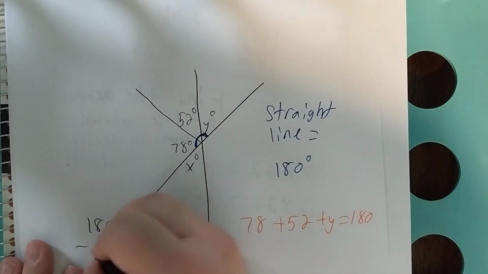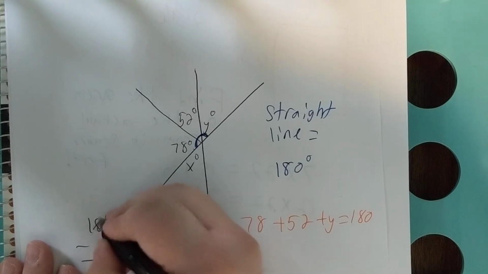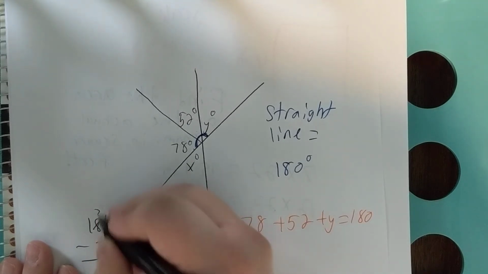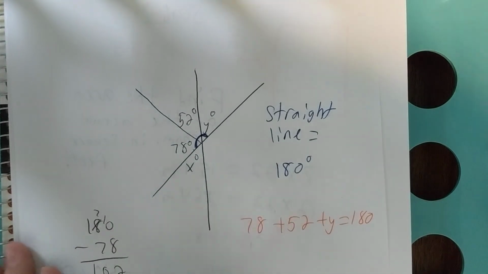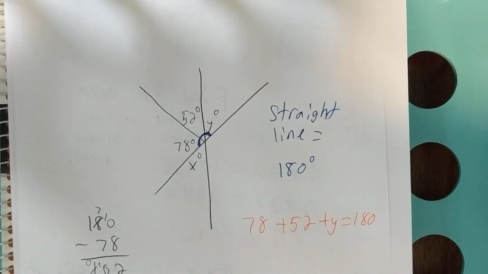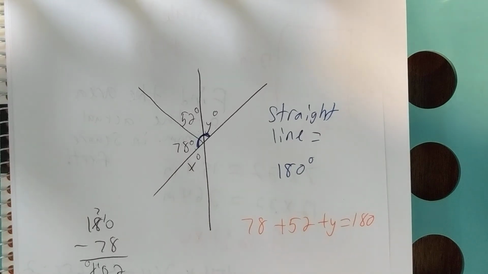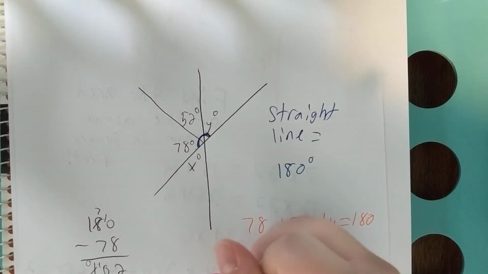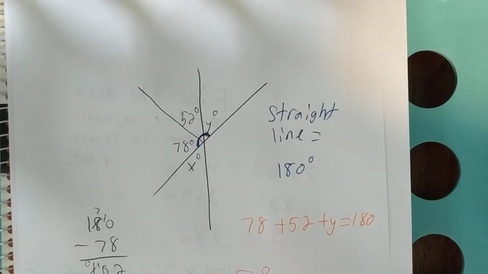180 minus 78. 10 minus 8 is 2. 7 minus 7 is 0. And then minus 52. 10 minus 2 is 50. So that tells me y equals 50 degrees.